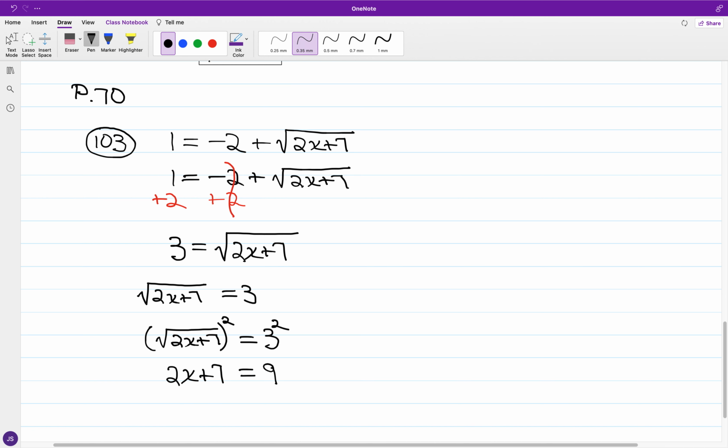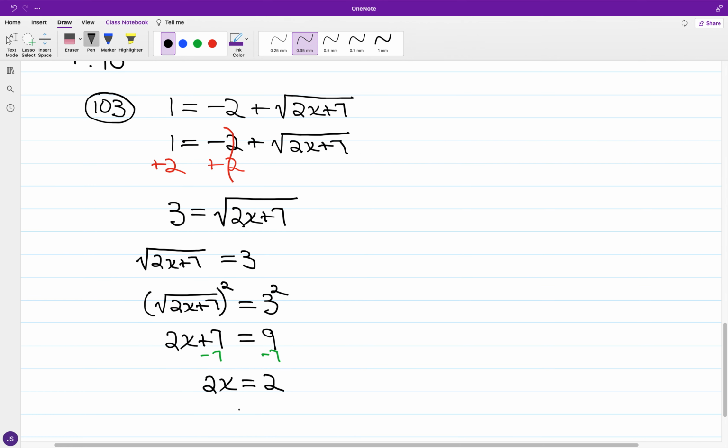And getting the x term by itself, if I take 7 away from both sides, now we're going to have that 2x is equal to 2. And with division by 2, we're going to have that x is equal to 1.